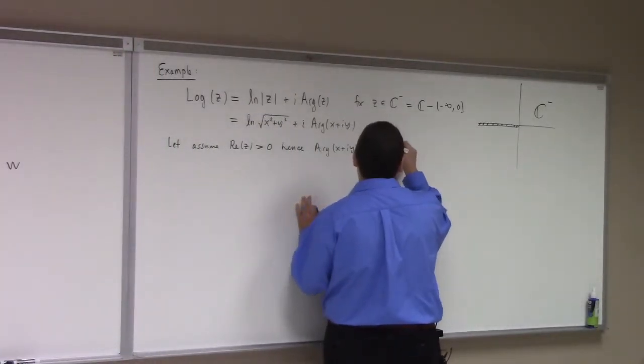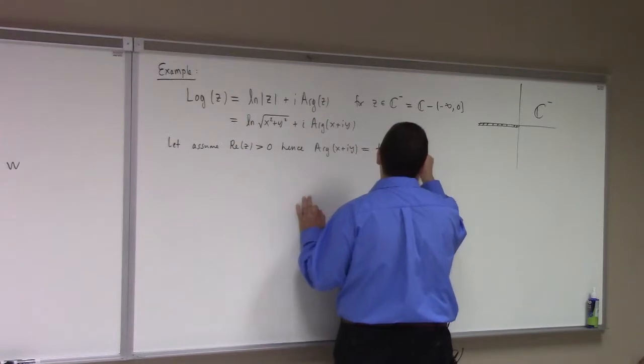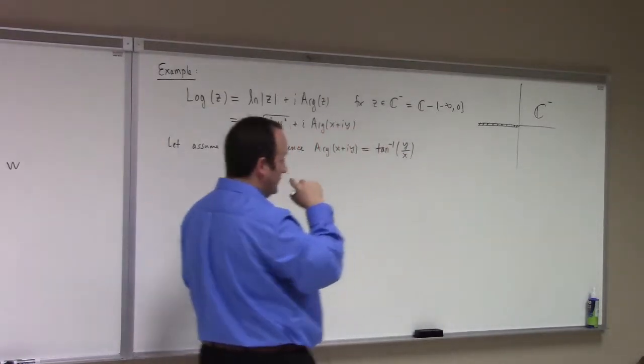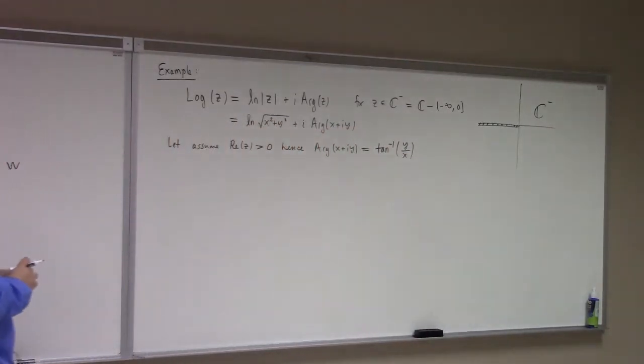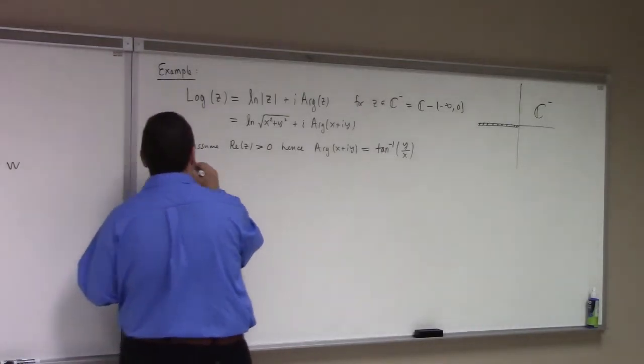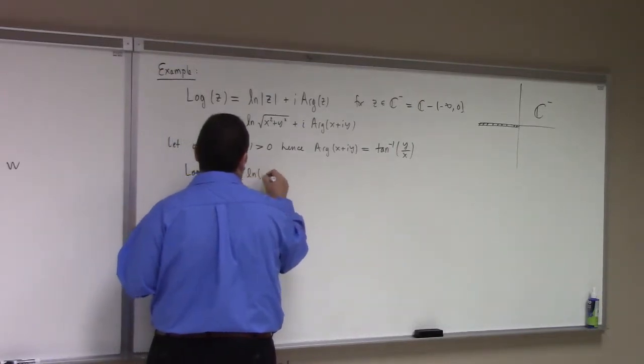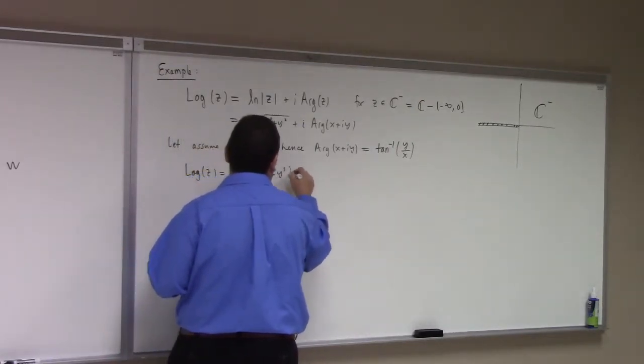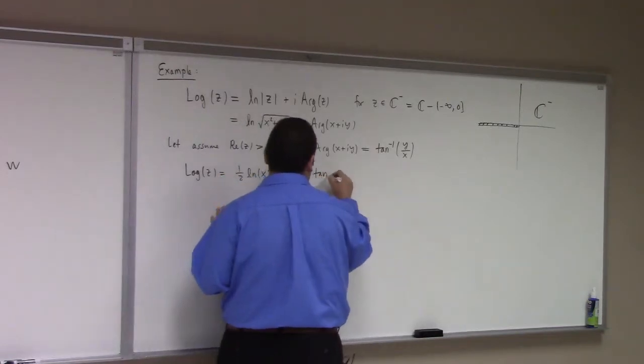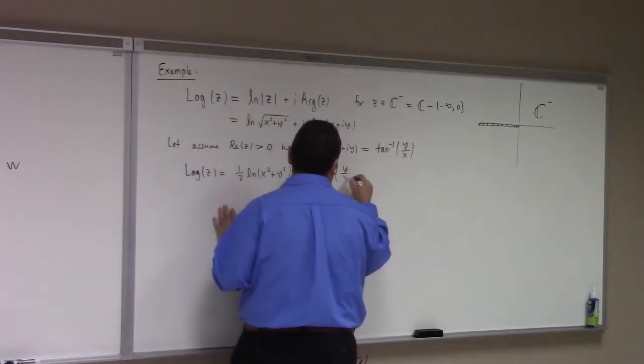Yeah, inverse tangent of y over x will work for us because we're in quadrants 1 or 4, where that's the standard angle. And so, apparently, log of z is 1/2 natural log of x squared plus y squared plus i times the inverse tangent of y over x, right?